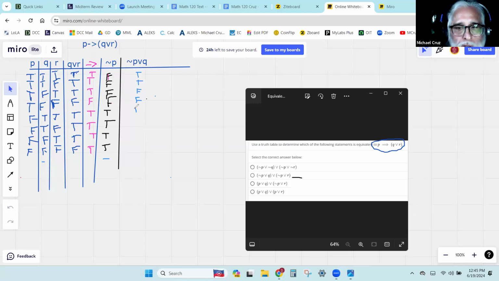And I bet you all the rest of these may well be true. And do these match up? They're close, except for this. Did I make a mistake?